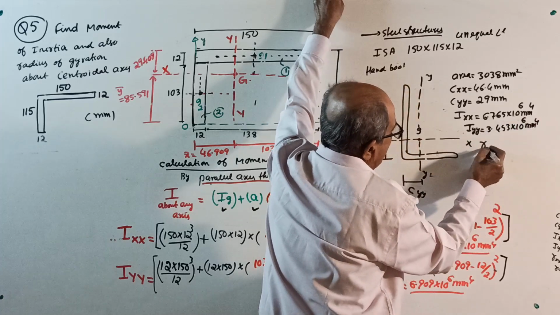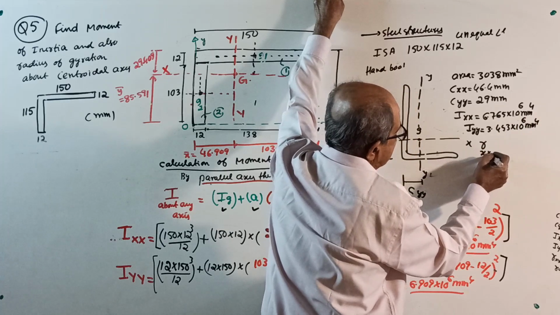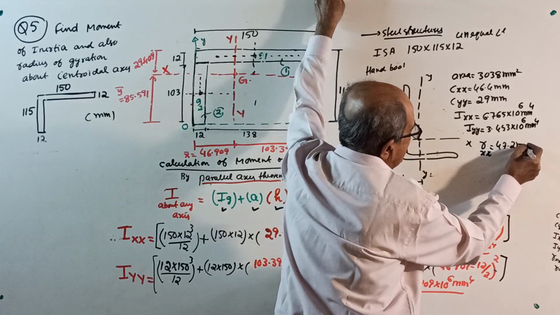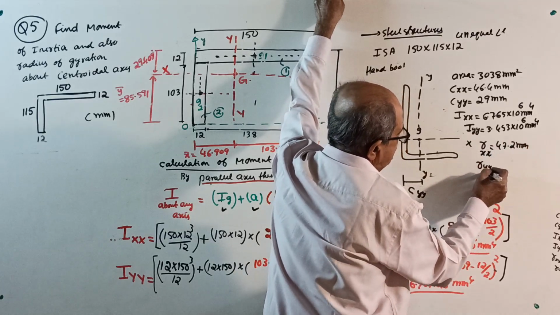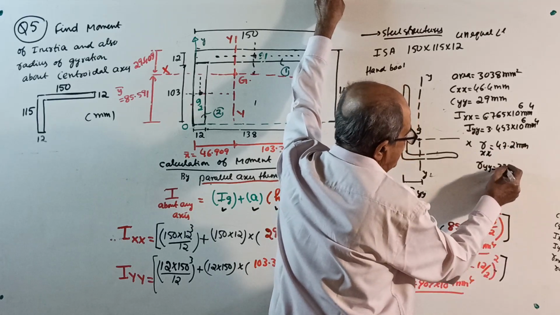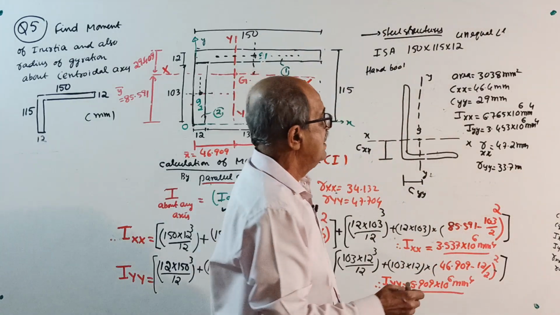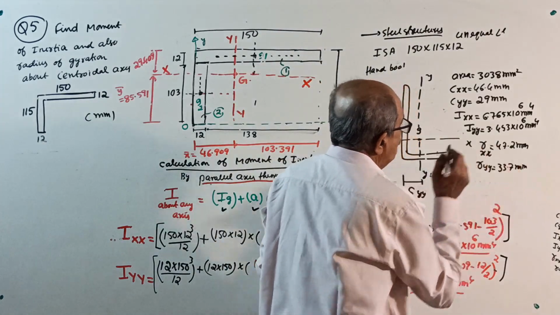And then they told R about xx axis is 47.2 millimeter and R about yy printed as 33.7. Actually, it is printed as 3.37 centimeter. I converted it to millimeter. Okay, now do one thing.